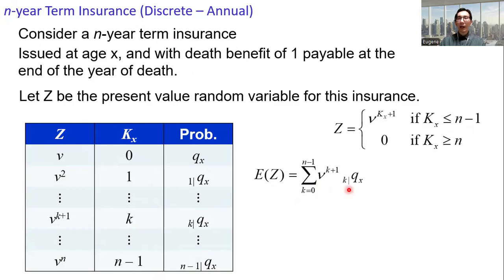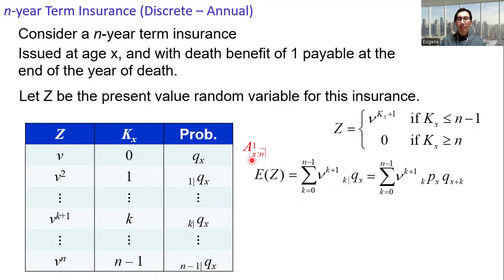The probability k|q_x can be expressed as kp_x times q_{x+k}. The actuarial notation, the big A notation, A_{x:n} with a 1 above the x.